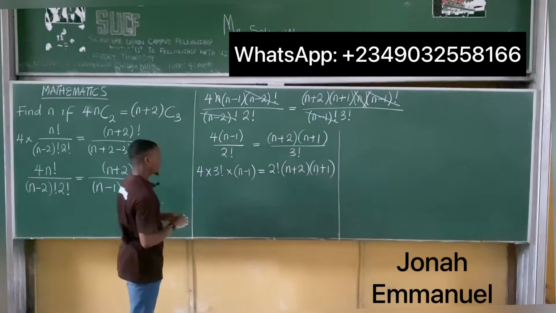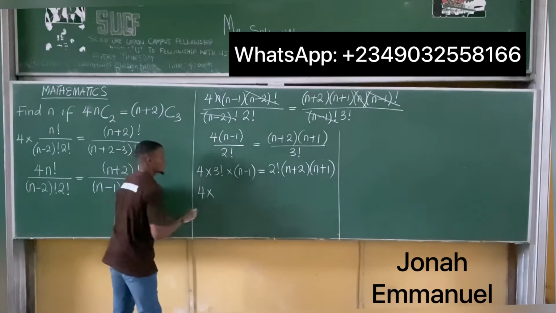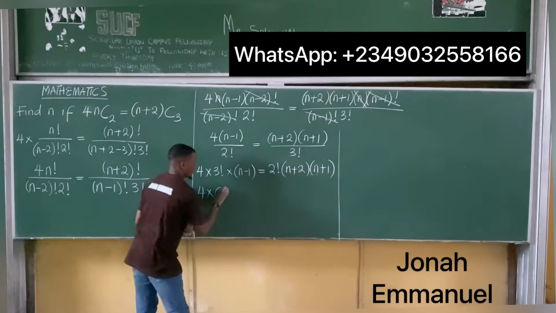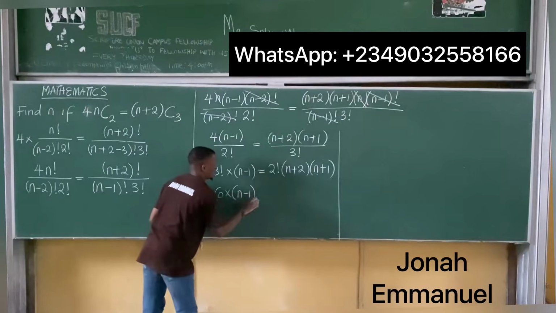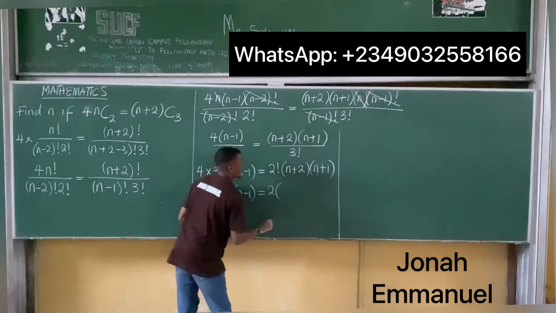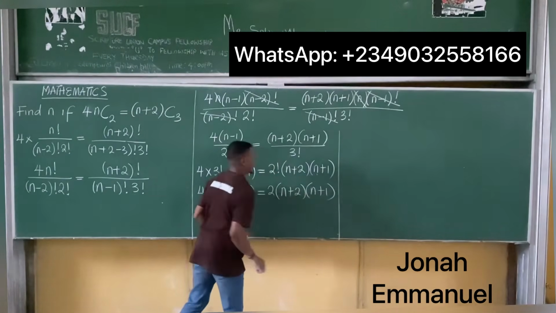So 4 times 3 factorial, which is 3 times 2 times 1, which is 6, multiplying n minus 1 is equal to 2 factorial, which is 2 times 1, which is 2, multiplying n plus 2 multiplying n plus 1.